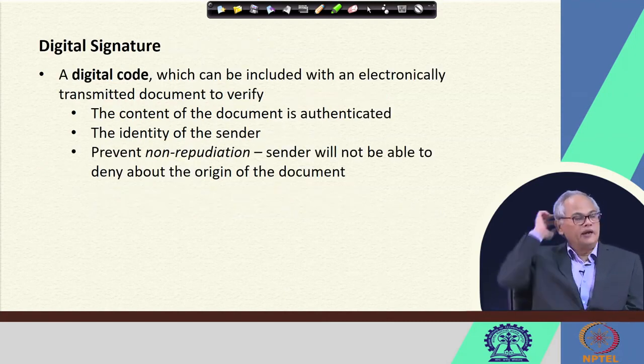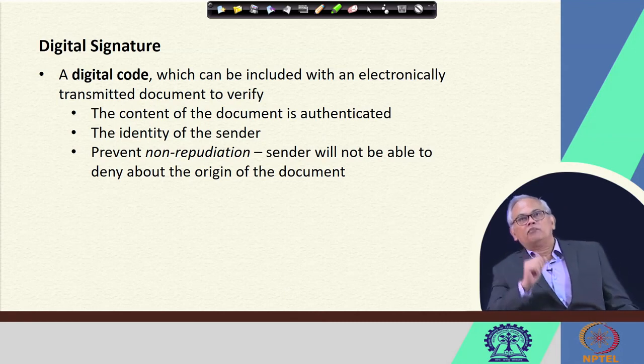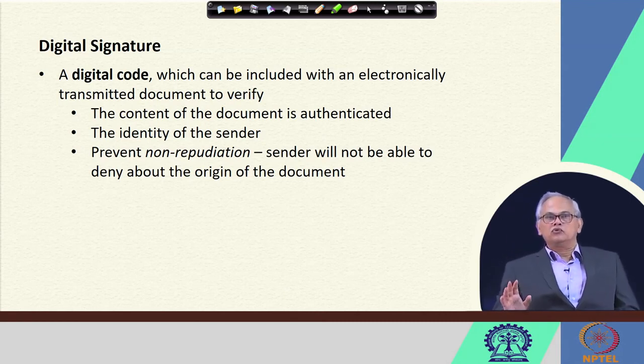public key cryptography, and here we will see that public key cryptography can be used for two purposes, and the very first application of public key cryptography in blockchains will be for digital signatures. Now, what is a digital signature?